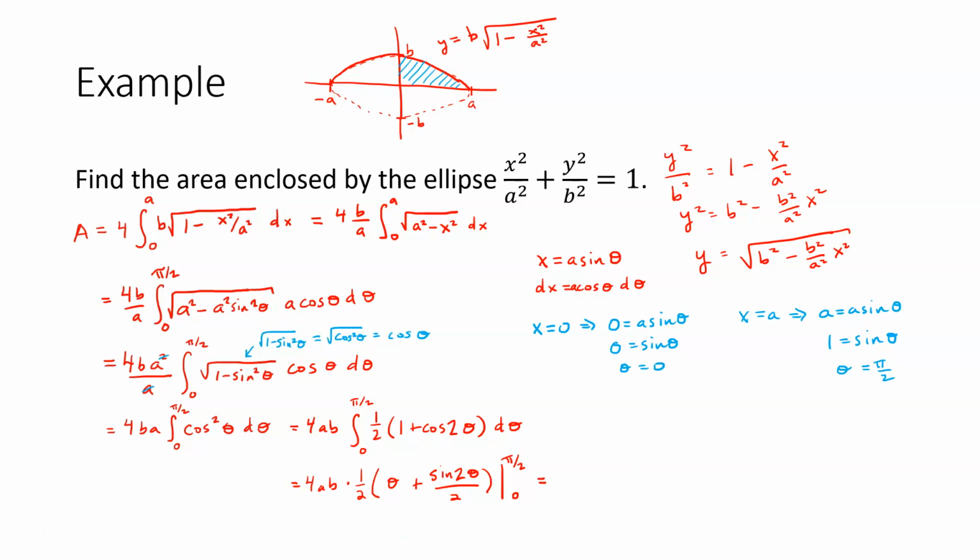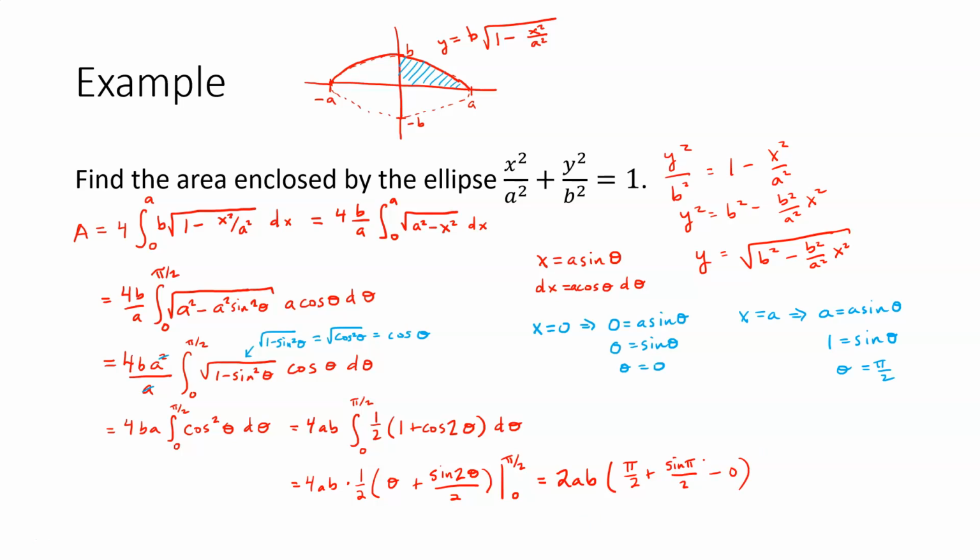Now let's see, I've got 4ab times 1/2, so that's 2ab. And then evaluating it at pi over 2, we'll have pi over 2 plus sine of 2 times pi over 2, which is sine of pi. And then evaluating it at 0 will just be 0.